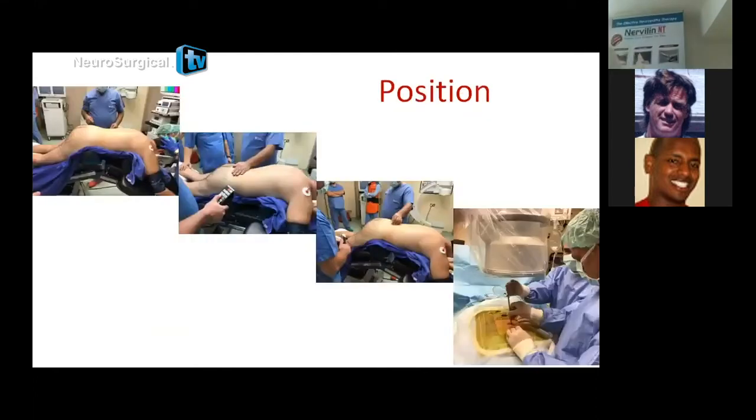The position is a little bit different for interlaminar. The patient is hip flexed, lumbar flexed, and you should put your hand on the back and feel the rigidity of the soft tissue, which means that you open the interlaminar area and the ligamentum flavum is tight.